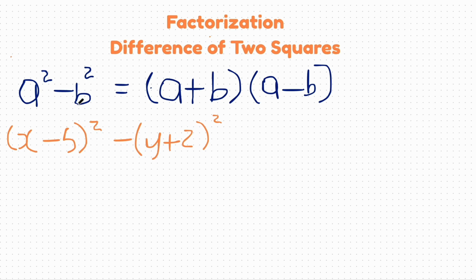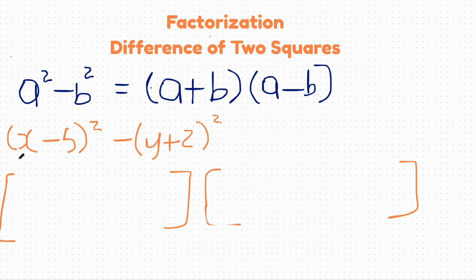Remember, we're following the same rule. Put our brackets. This time though, we're using square brackets. The x minus 5 squared, that's one term. And the y plus 2 squared is our other term.